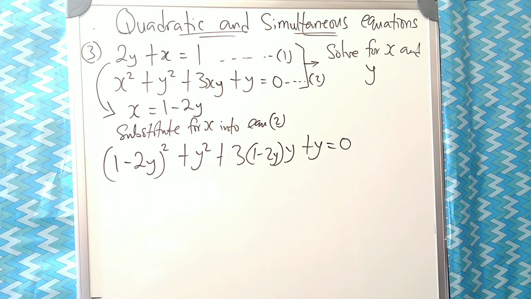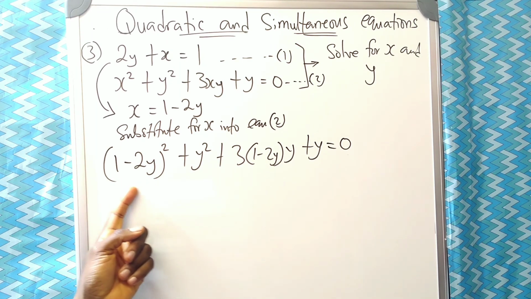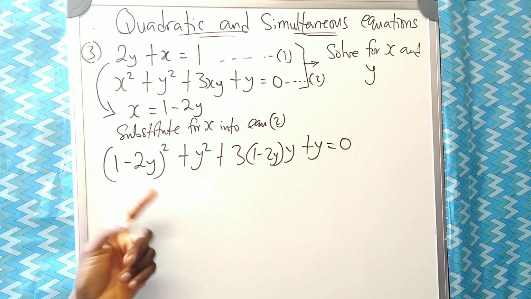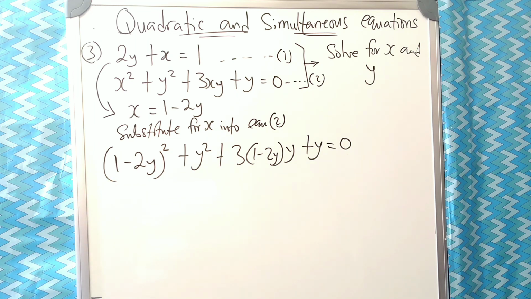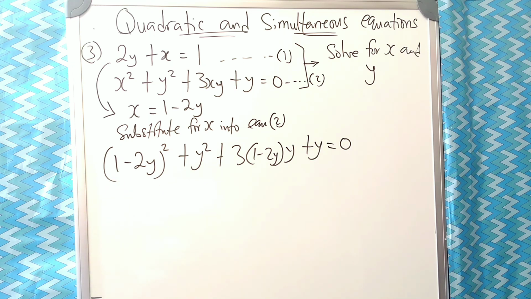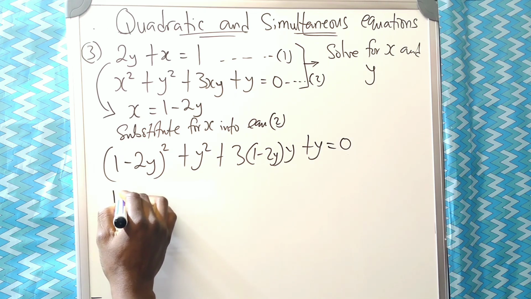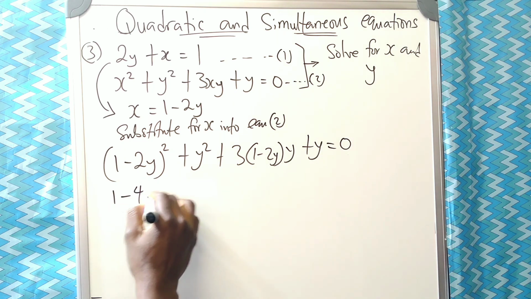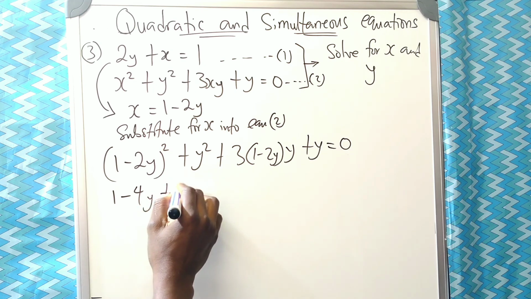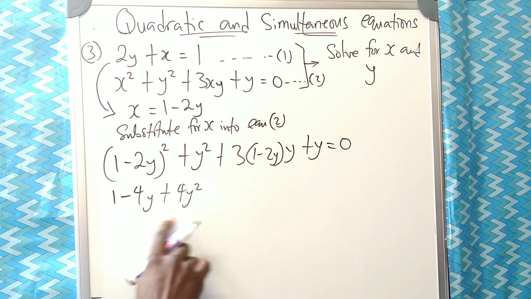At this point, we can actually expand this bracket. If you watch our previous videos, we explained some of this working. To expand this, we're definitely going to have 1 minus 4y plus 4y squared. You can try it, but this is what you are going to have.